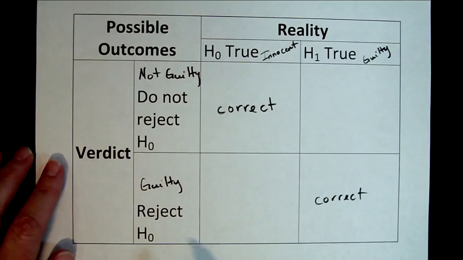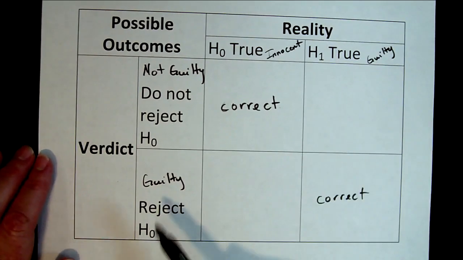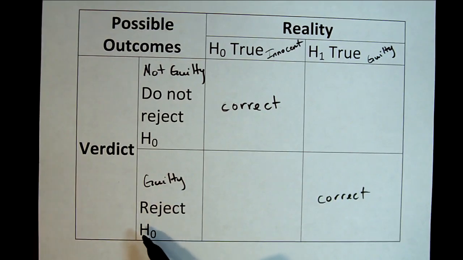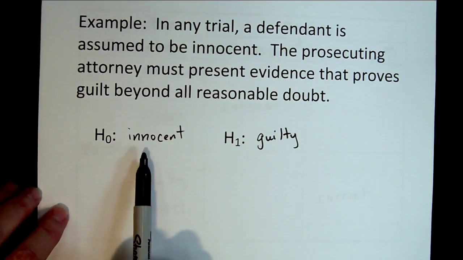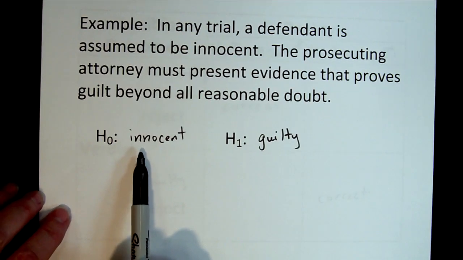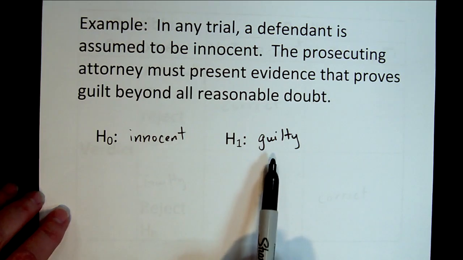The guilty verdict agrees with the reality that the defendant is guilty. And guilty means you've rejected the null hypothesis, right? The null hypothesis is that the defendant is innocent. If you reject that, you're going to say guilty.